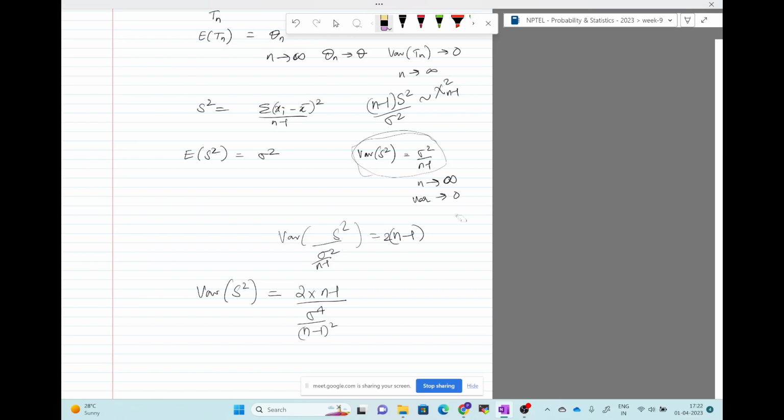Reciprocal of the denominator. On the bottom, it is n minus 1 whole square. 2 into n minus 1 as usual, then divided by n minus 1 whole square, and on the numerator, sigma power 4. Like this. Yeah.